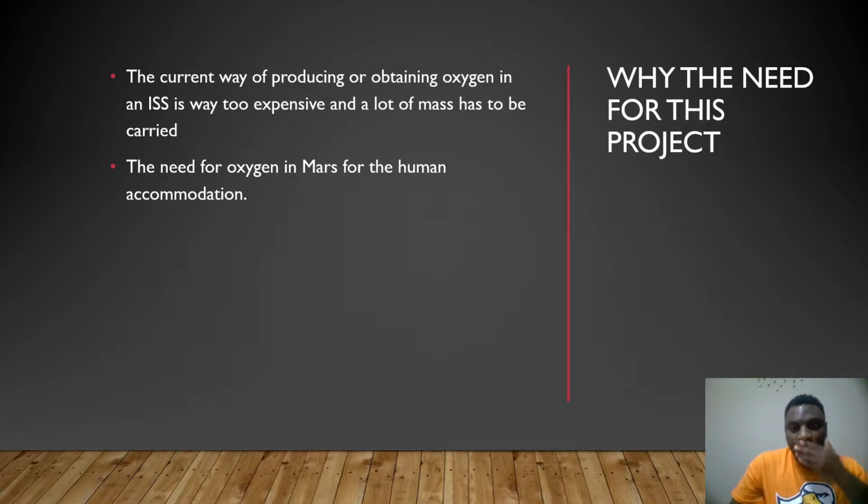The need for this project, as I mentioned, is to have a way to produce sufficient oxygen in mass. Also, because of the high energy required to produce oxygen, a shell and tube heat exchanger will help us maximize that energy.